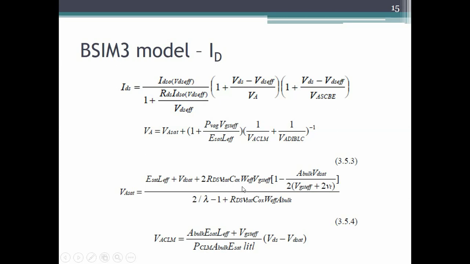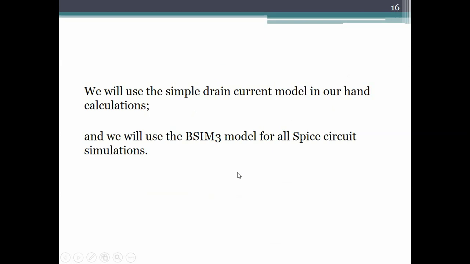The BSIM3 model has about, I don't know, some 80-90 parameters. I will give you a list of these parameters, so you don't have to do anything. When you run SPICE and you are simulating circuits, you will simply use that set of parameters to simulate your circuits.